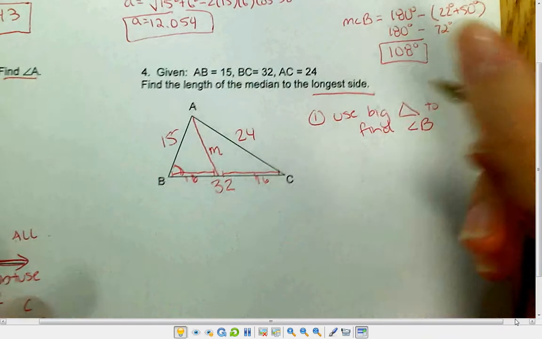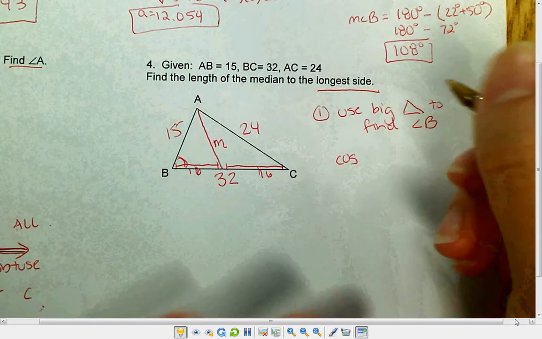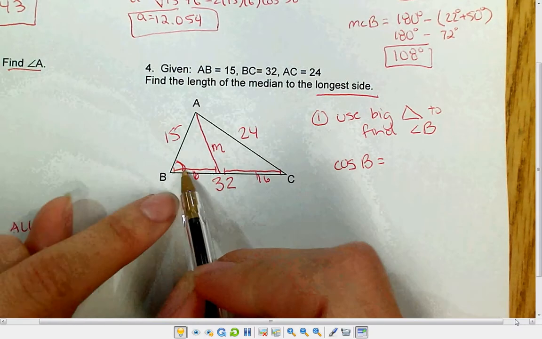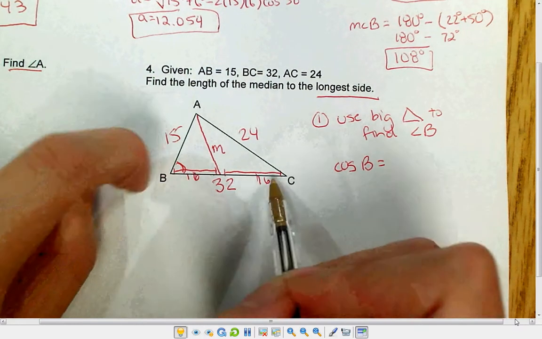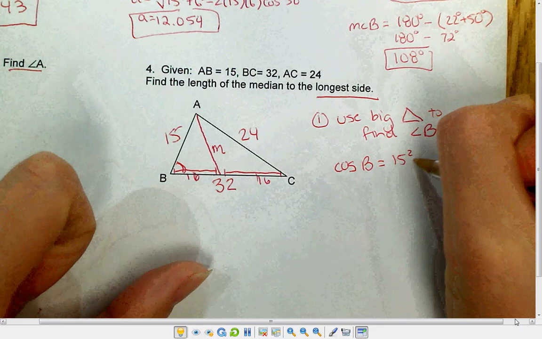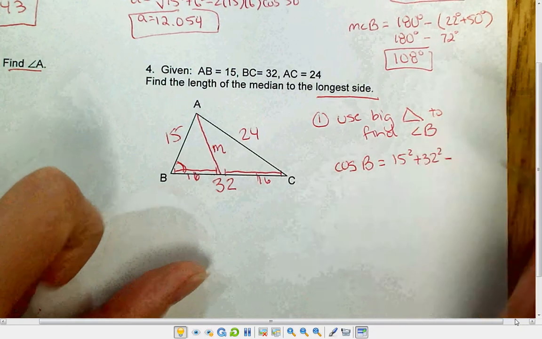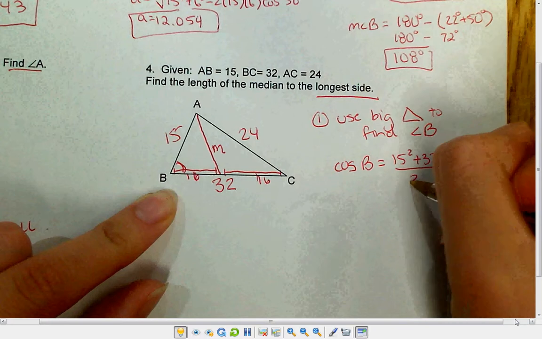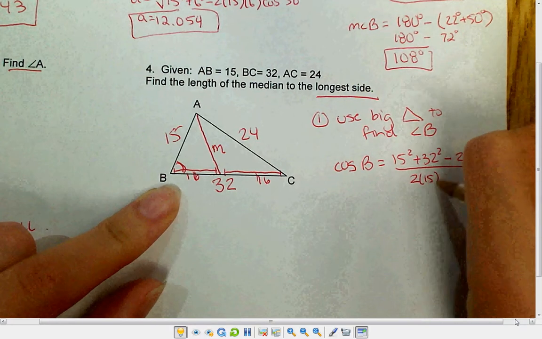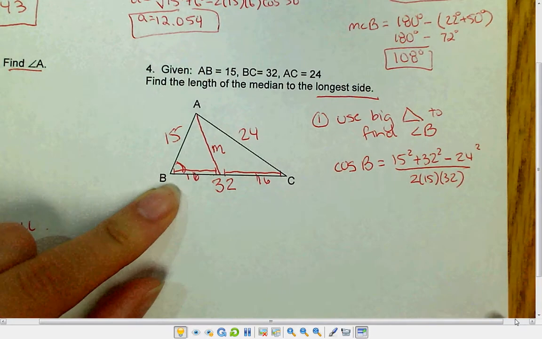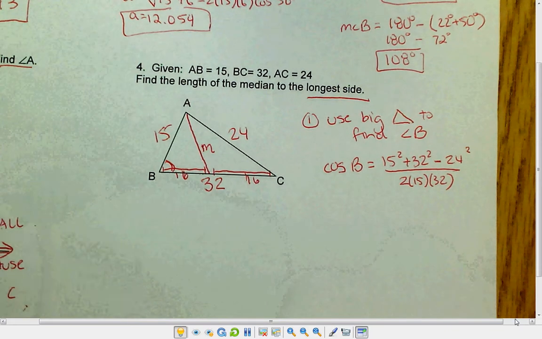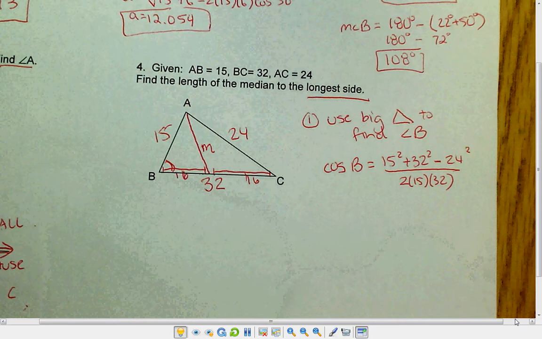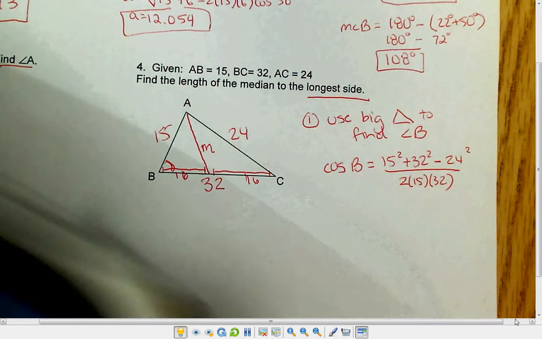So if we're trying to find this angle, we're going to use law of cosines. Cosine of B equals the adjacent sides. So if this is angle B, the next to it sides are 15 and 32. Minus the opposite side, which is 24. Divided by 2 times the first 2 sides we just wrote down. So again, I'm going to first do the numerator, then the denominator.